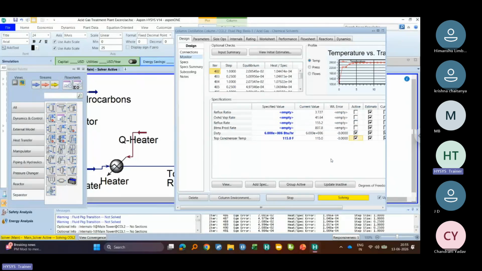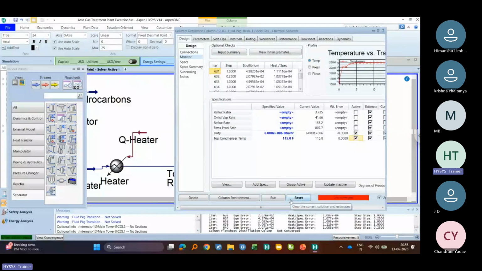Even though it's a minor change, you can see that the values are changing. We'll wait till iteration 600, and if it is not solved, we will stop this. You can see that the iterations have now gone beyond 600. We will stop this.